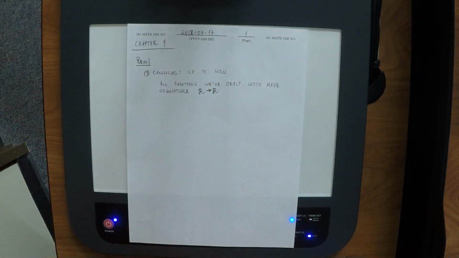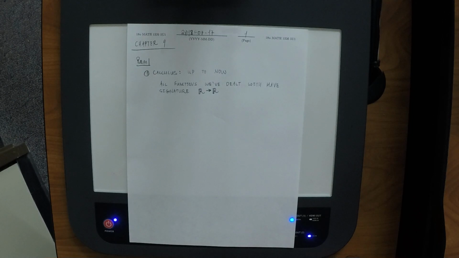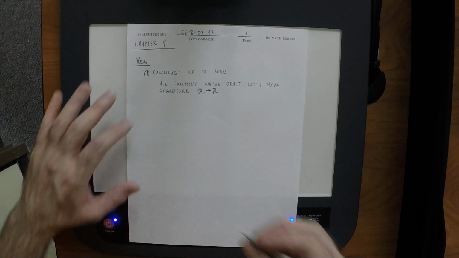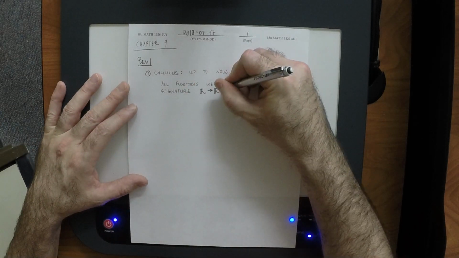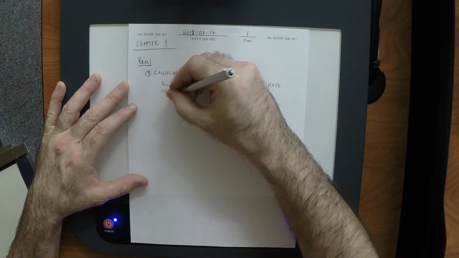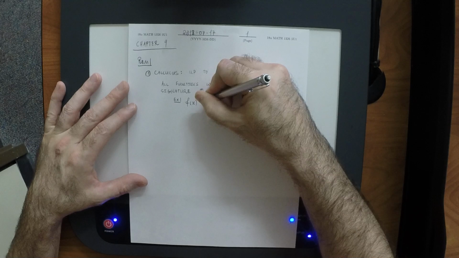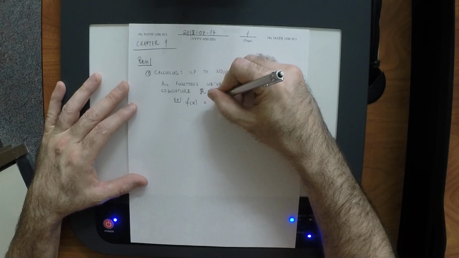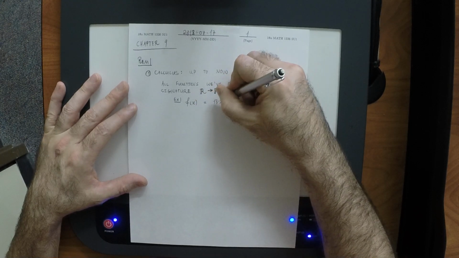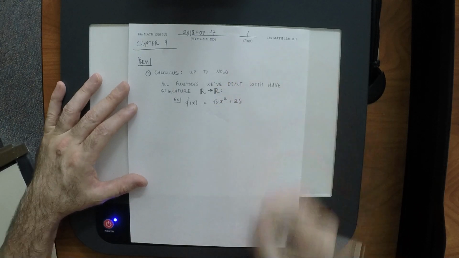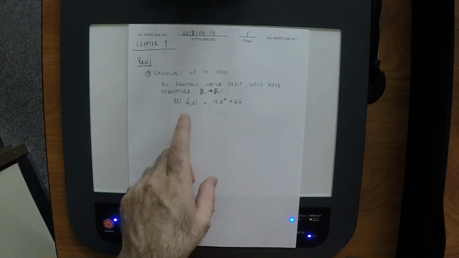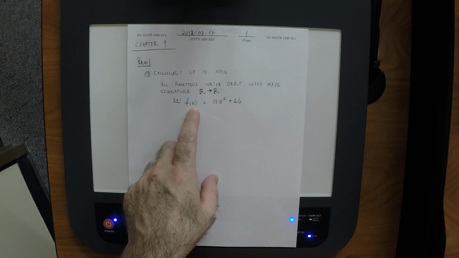What signature means is that it represents the kind of thing that is input to the function and the kind of thing that is output from the function. For example, here's the kind of function that we've dealt with. f of x is 13 x squared plus 26.